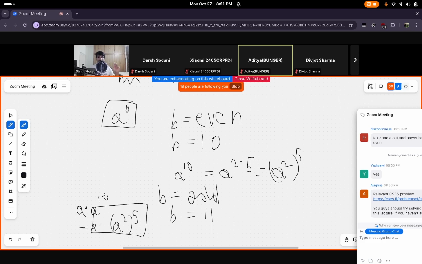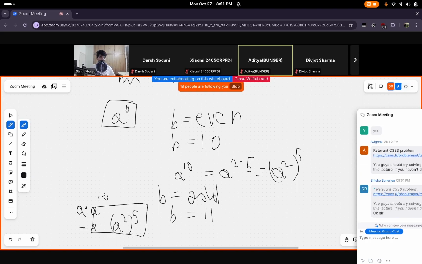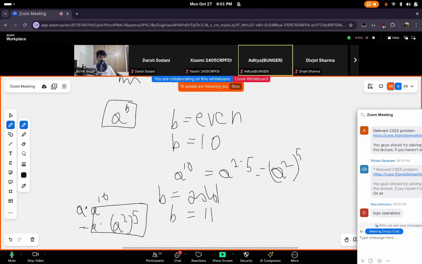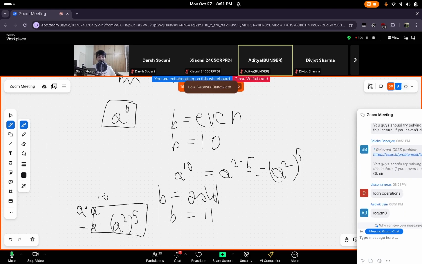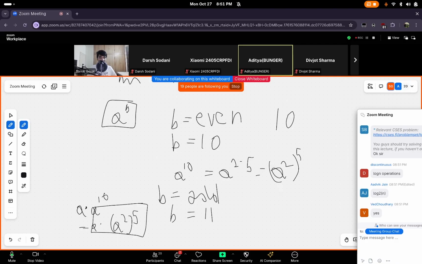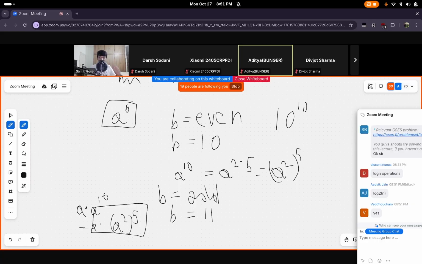Now, when you're repeatedly halving a number, I hope you guys know that that means that we'll decompose that number to 1 very, very quickly. Does everyone know that? Yes, that is log n. Even if I had a very big number, say 10 to the 10, I would be able to decompose that very, very quickly.